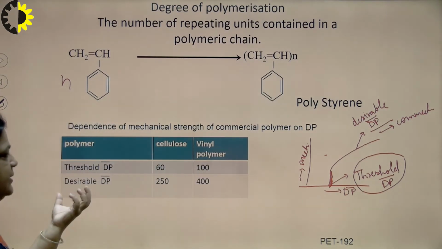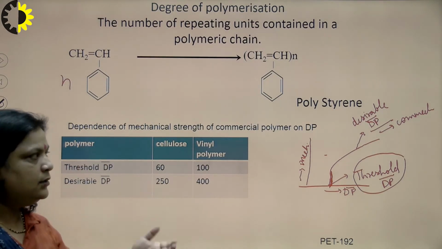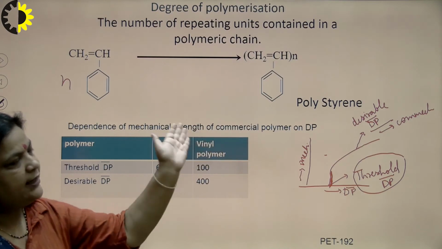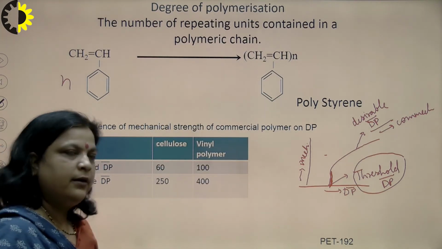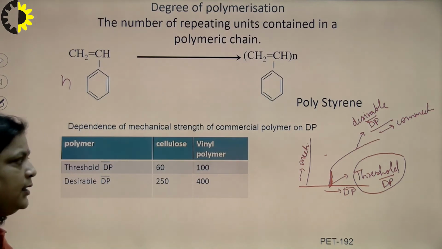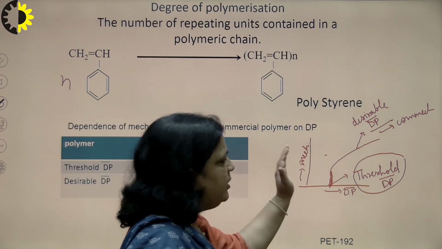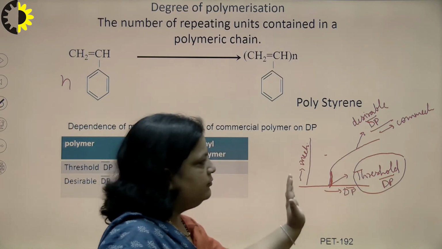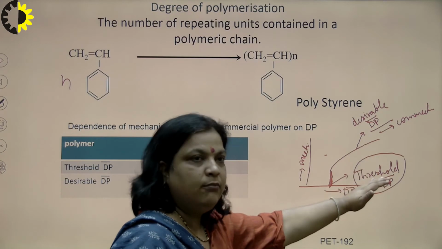And the desirable degree of polymerization, so that it acts as a commercial polymer, is 250 and 400. So, I think it is clear that if we correlate mechanical strength and degree of polymerization, we get this type of value, and it is different for different materials.